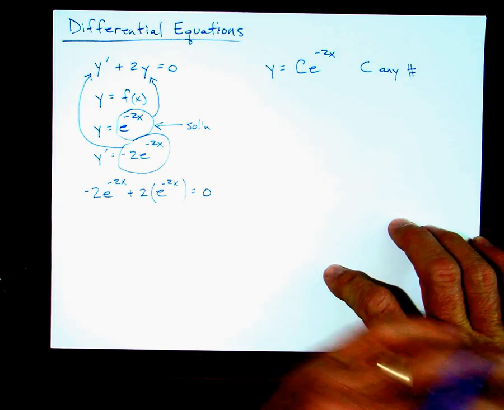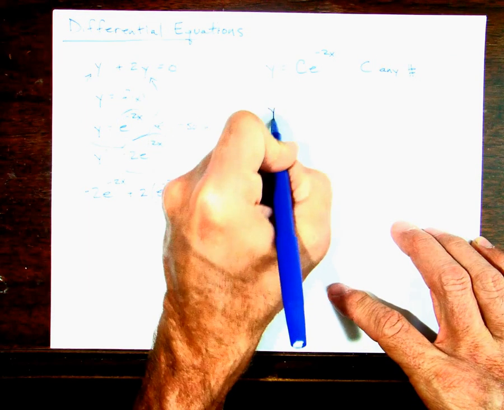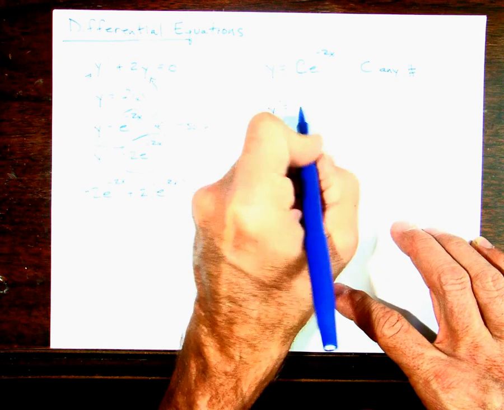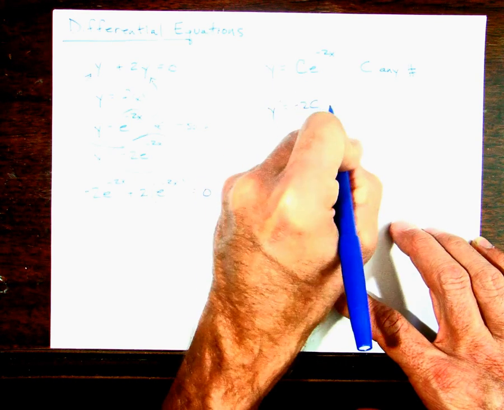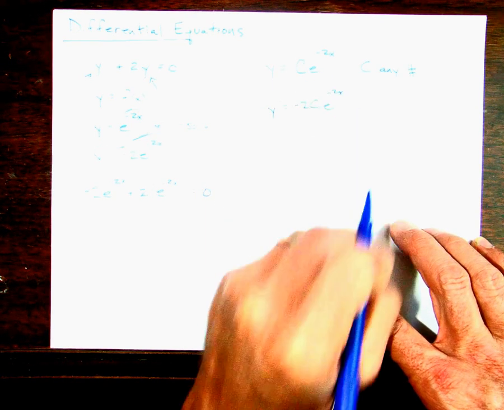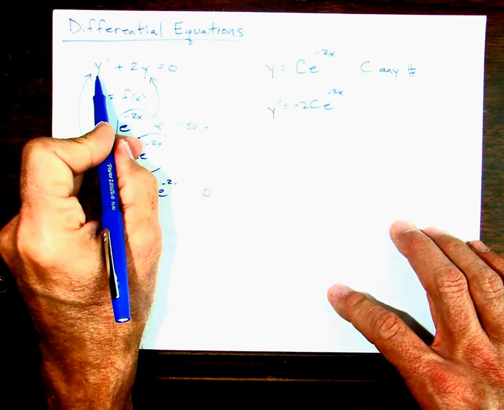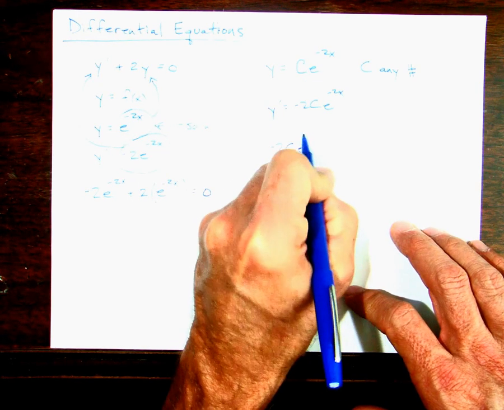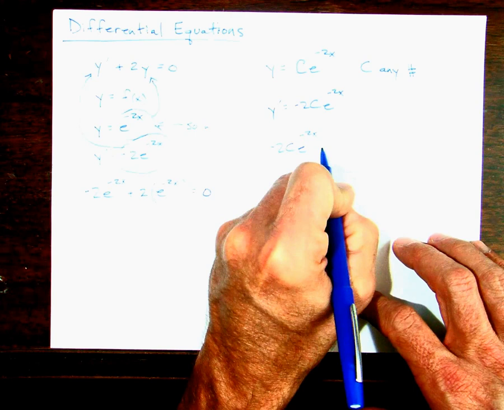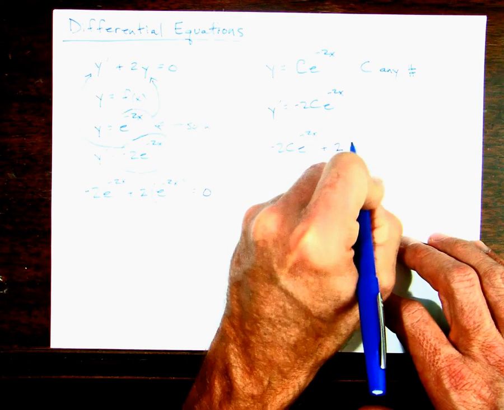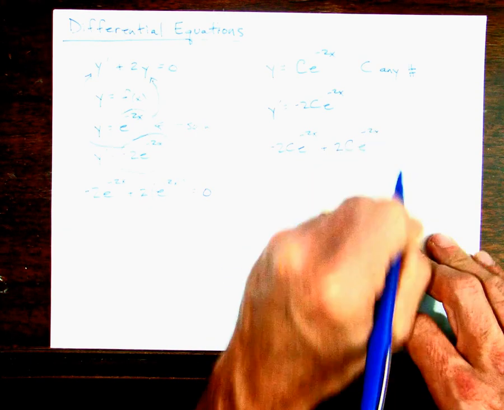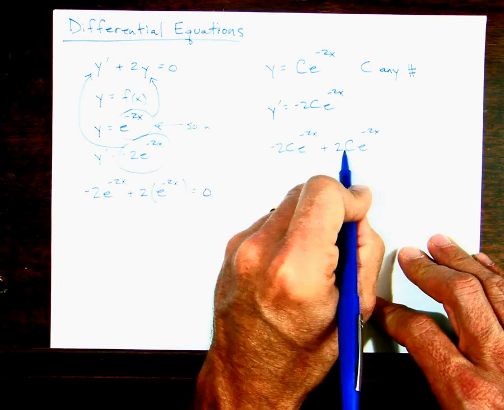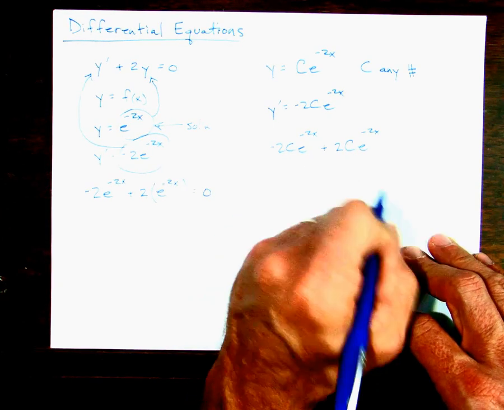So let's go ahead and show that. y prime is going to be negative 2 times c e to the negative 2x. That's what I'm putting in for y prime. Here's my y, so I have negative 2 c e to the negative 2x plus 2 times c e to the negative 2x. And again, negative 2c and positive 2c both have e to the negative 2x, and of course that's going to equal 0.